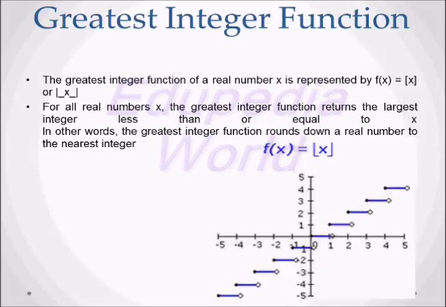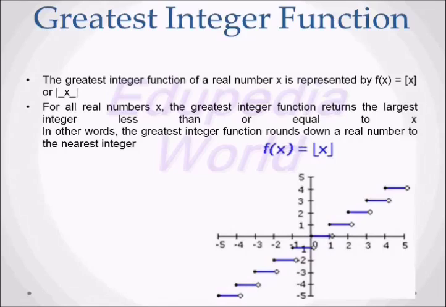Greatest integer function. The greatest integer function of a real number x is represented by f of x equals [x], x inside the square bracket. For all real numbers x, the greatest integer function returns the largest integer less than or equal to x.